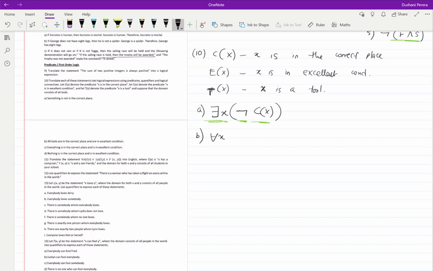So for all x, if x is a tool, then it is in excellent condition and in the correct place. So for all x, for everything, if it's a tool, then it is in the correct place and it's in excellent condition.